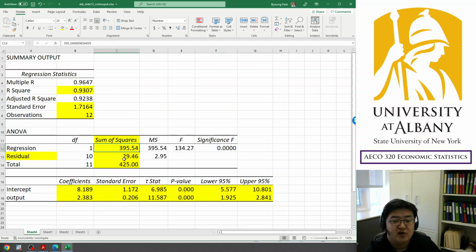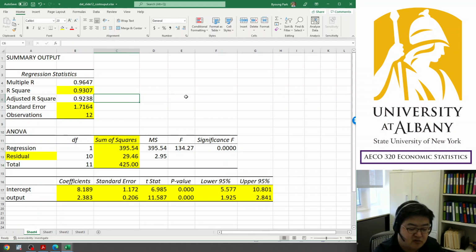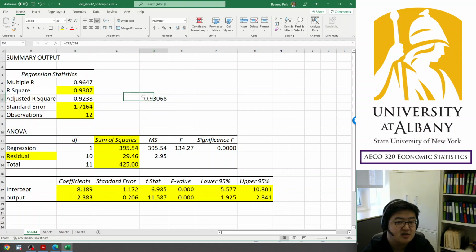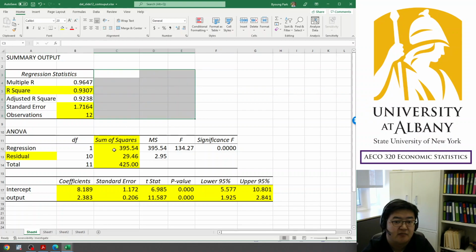If you take the ratio between these two, 395 divided by 425 is this number, right? So the R square is calculated by the ratio of these two: how much you explain out of the total variation.